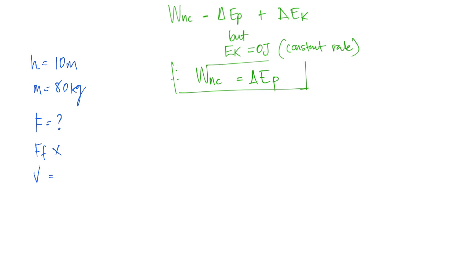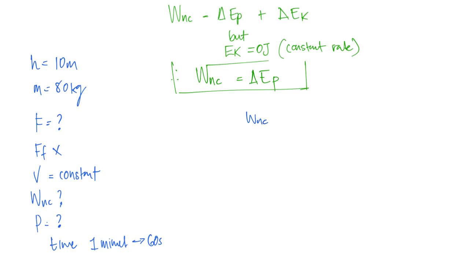My velocity is constant. I don't have work non-conservative. I don't have power. And I have time, which is 1 minute, which should become 60 seconds. Okay, so that's the information I have. So let's see how it works out.